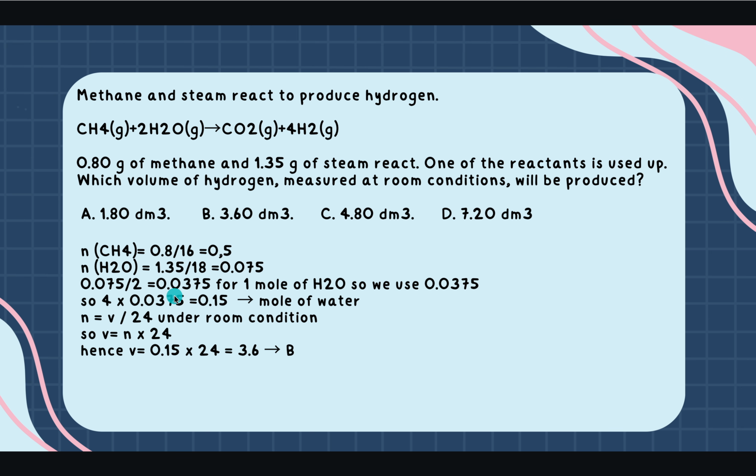Between 0.0375 and 0.05, 0.0375 is smaller, so we use this for the amount of 1 mole of everything in the reaction. And so the amount of substance of hydrogen is 4 times 0.0375, which is 0.15. To find the volume, we multiply the amount of substance by 24, which equals 3.6 liters, which is B.